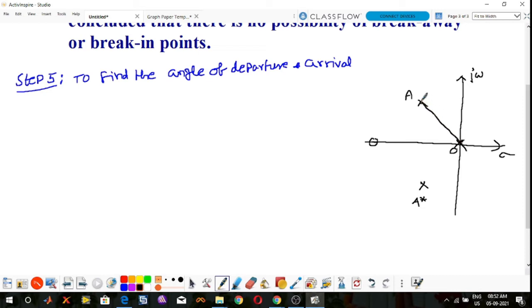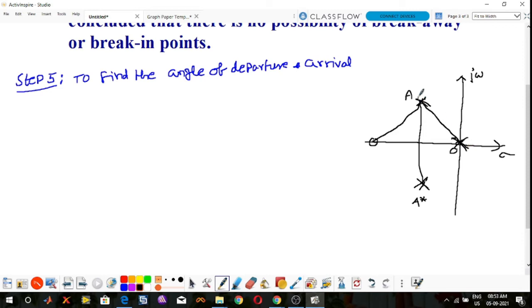So draw the line from this pole and this zero. And this is one pole, this is another complex pole, and this is the pole at 0.